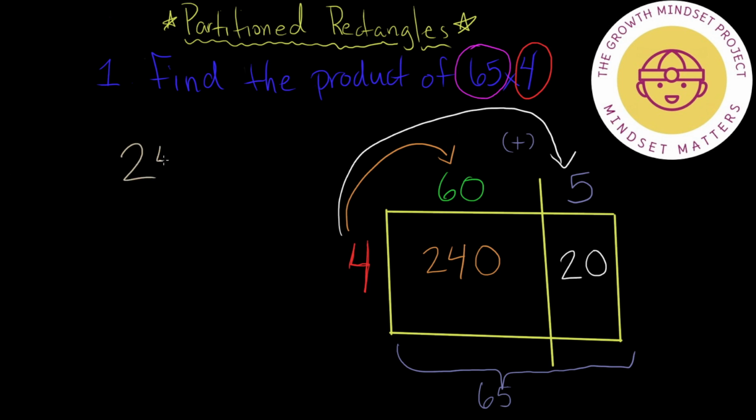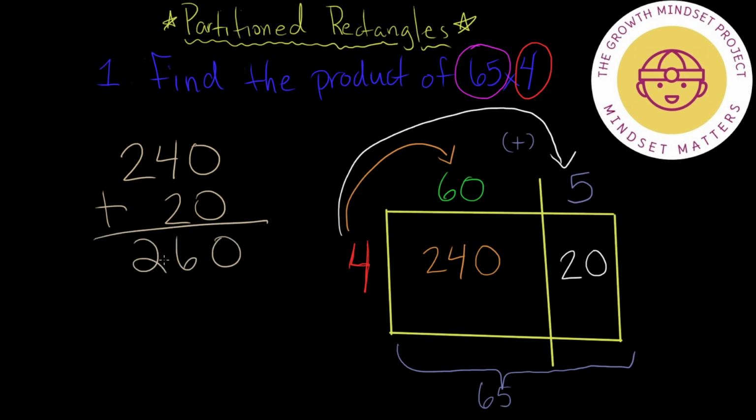We have 240 plus 20. That's going to give us 260. So 65 times 4 is 260.